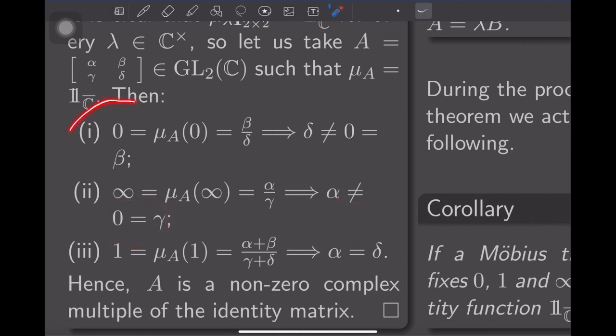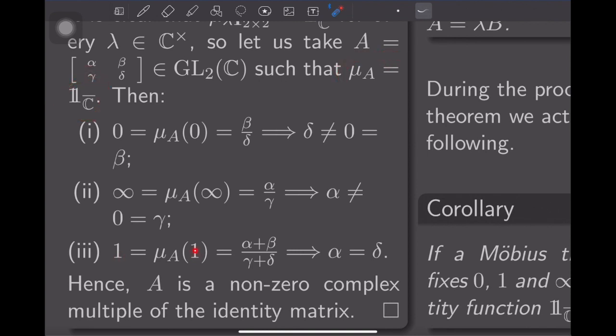Okay, so from these two, what I obtain is I'm kind of in the good direction, right? So now I only have to verify that alpha and delta are equal. I know they are not 0. I only have to check that they are equal. Okay, but now I see mu A of 1 is 1, because mu of A is the identity.